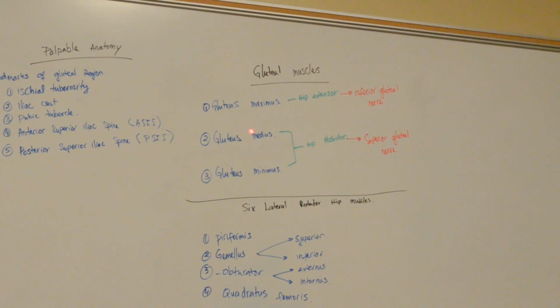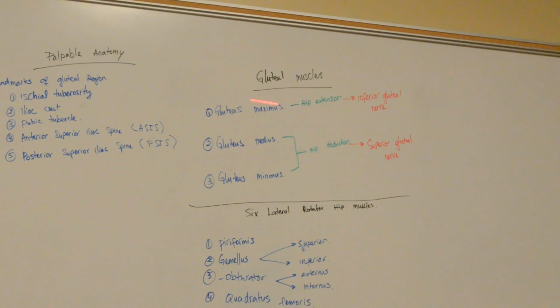One of the last slides, around slide 30 or 31, talked about the gluteal muscles. The three big ones that we want to talk about right here are the gluteus maximus, the largest muscle right there, the gluteus medius, and the gluteus minimus.